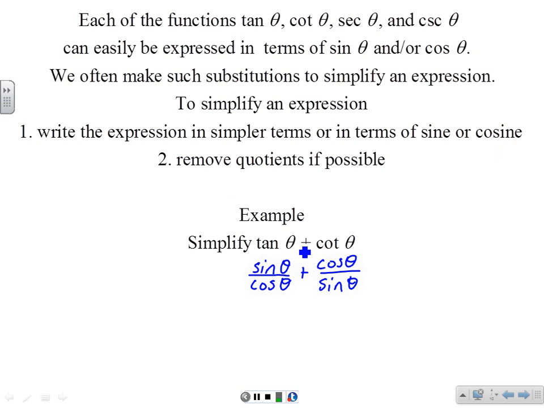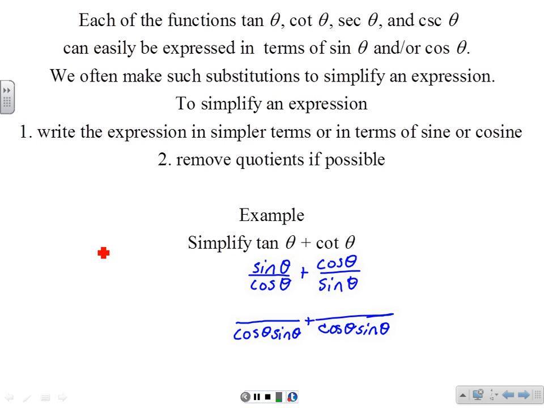Now, to simplify this, we need to combine these two fractions. And remember, to add fractions, you've got to have a common denominator. And so our common denominator is going to be cosine theta sine theta. It's just the two denominators multiplied together. So on the left-hand side, in order to get this denominator to look like the common denominator, I had to multiply by sine theta.